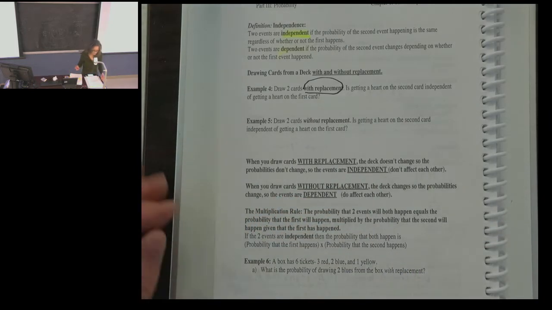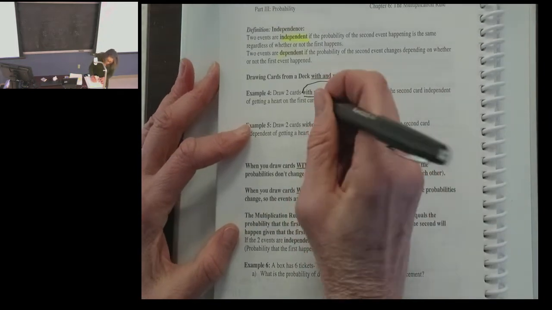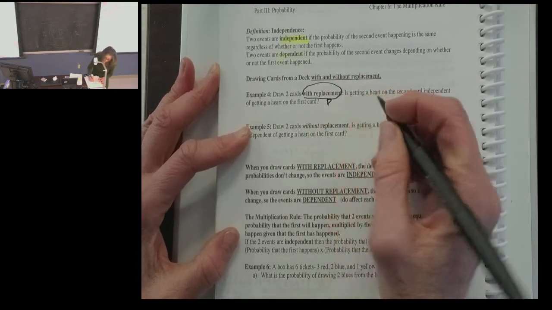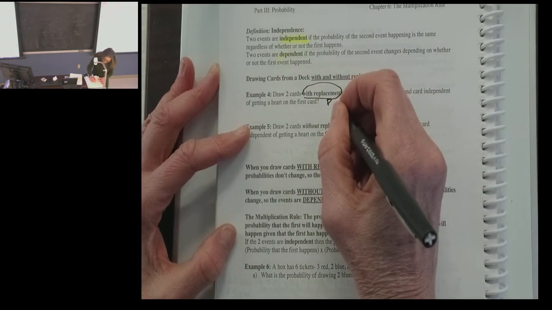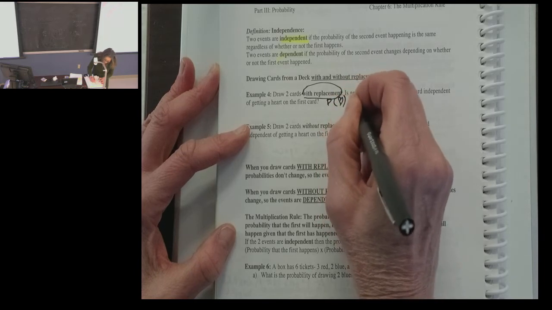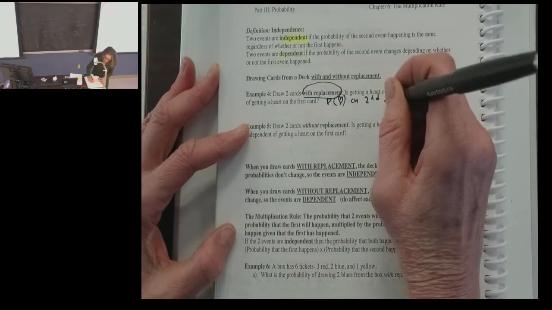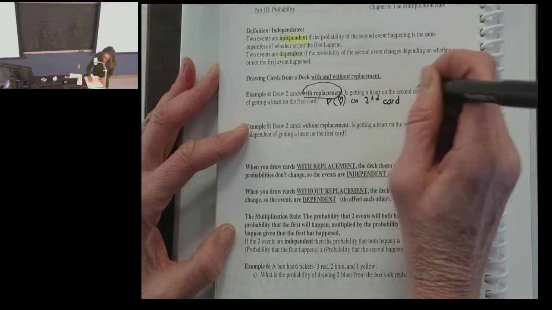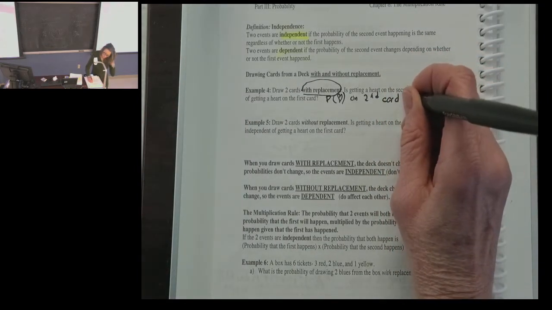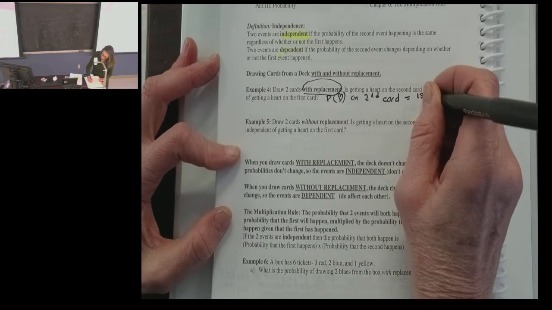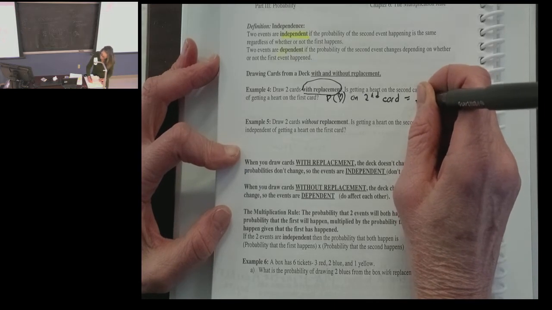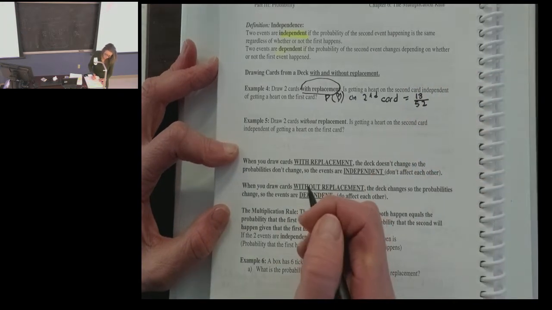So the probability of a heart on the second card doesn't change depending on what's on the first card. Okay?